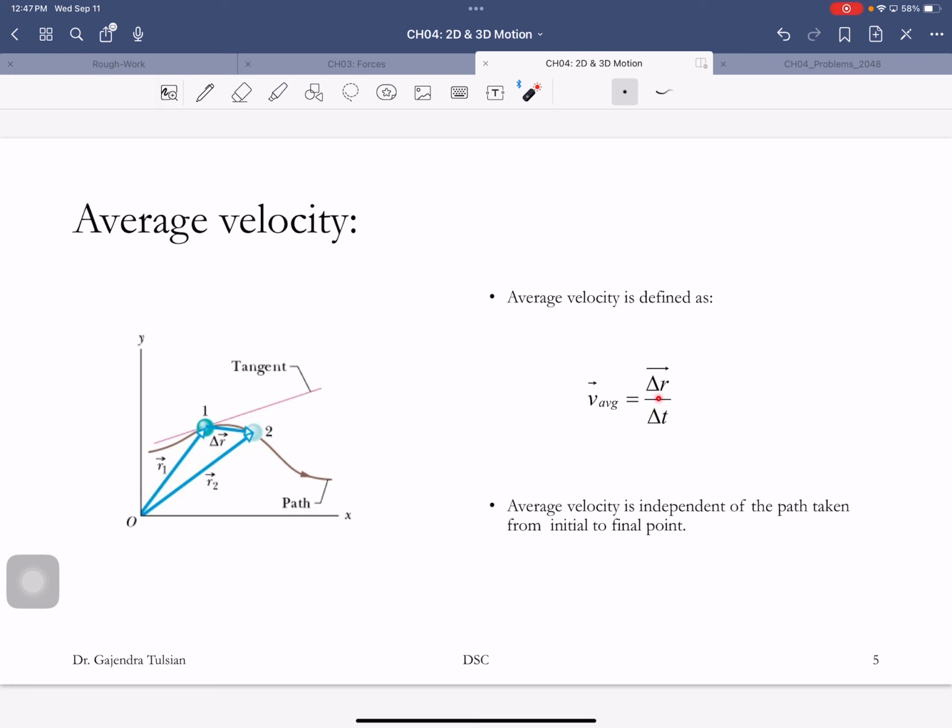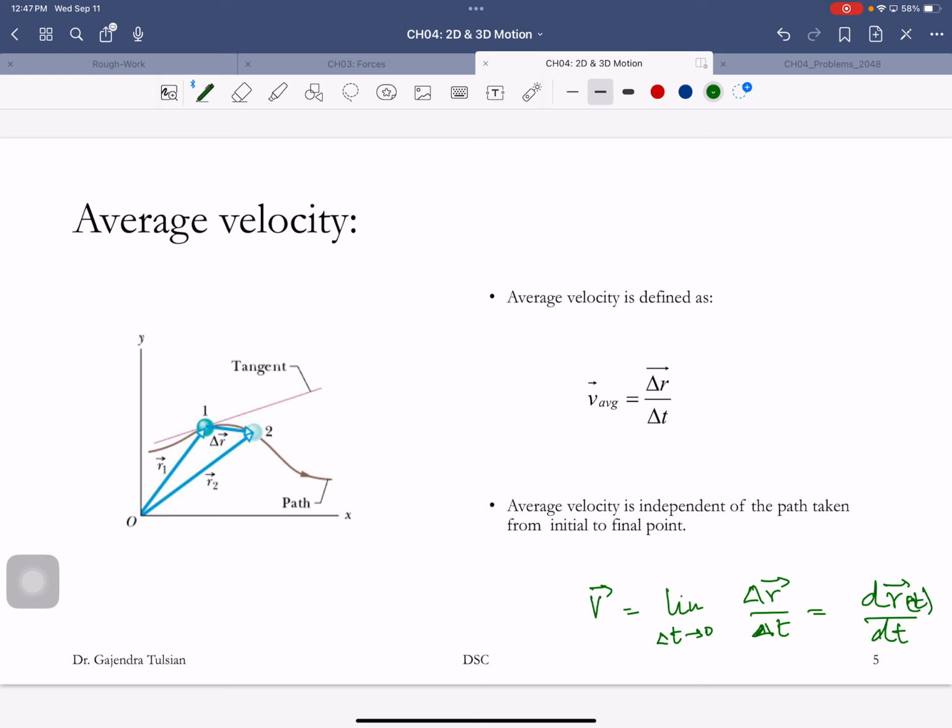But of course, we are interested in instantaneous velocity. Instantaneous velocity is the limit as delta t goes to 0, and this is what we call dr by dt. Again, that's the instantaneous velocity.